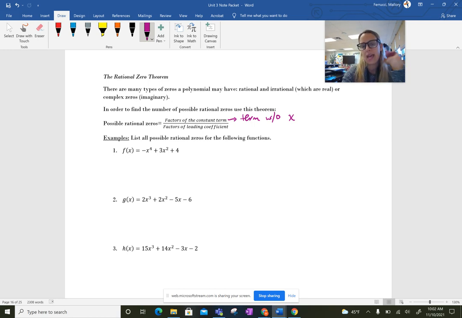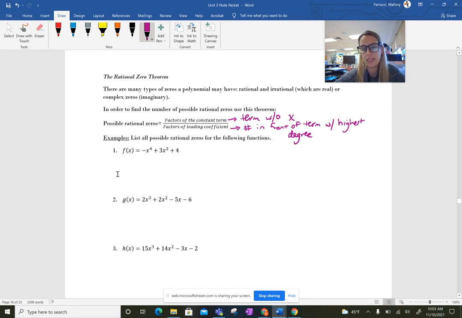Put those all on the top. And then the factors of the leading coefficient. So the leading coefficient is the number in front of the term with the highest degree. Okay. So watch and learn.